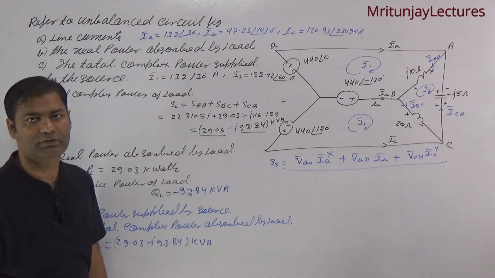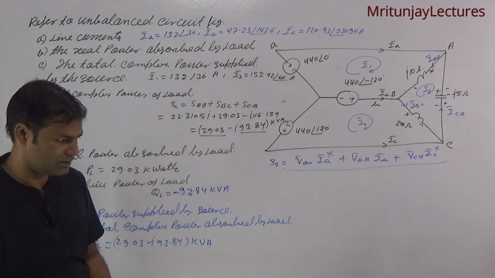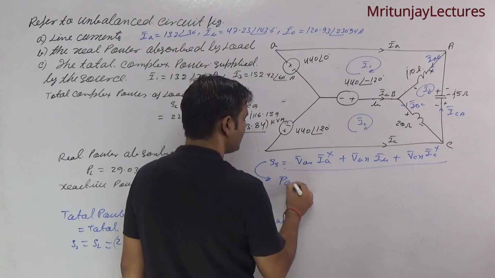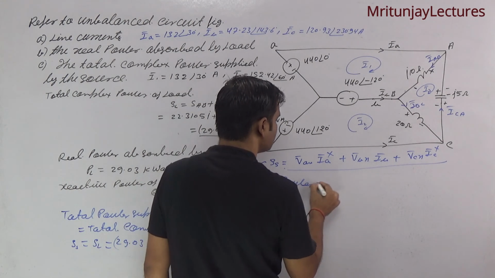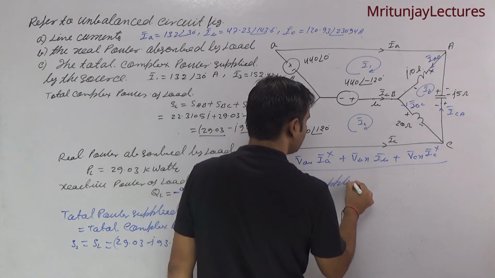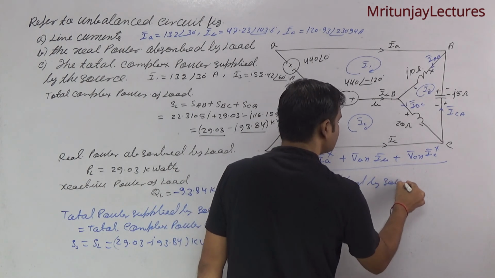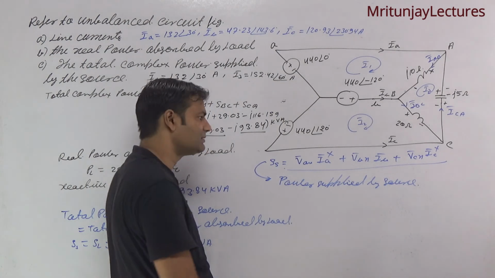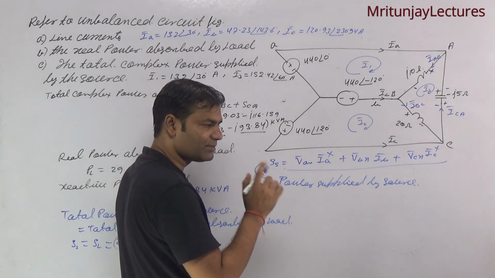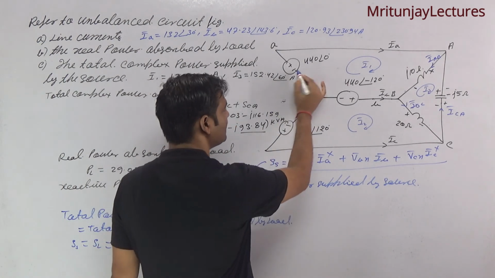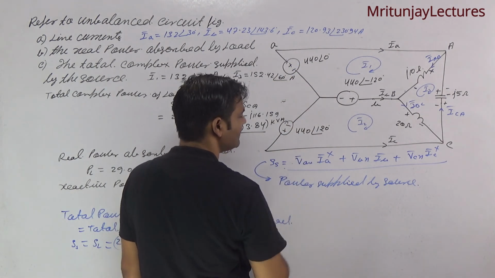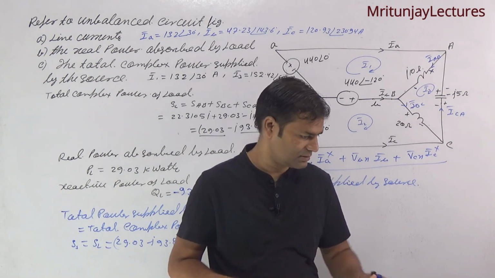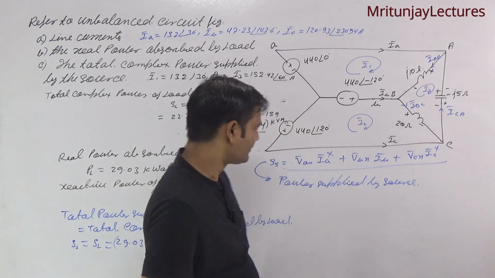Determine this value and you get the same result. Okay, this is power supplied by source. If you use the word supply, then you do not use minus. Otherwise, if you do not say supply, then you use minus because of current direction, minus to plus. That's why supply means power delivered. Okay, so clear, make it.